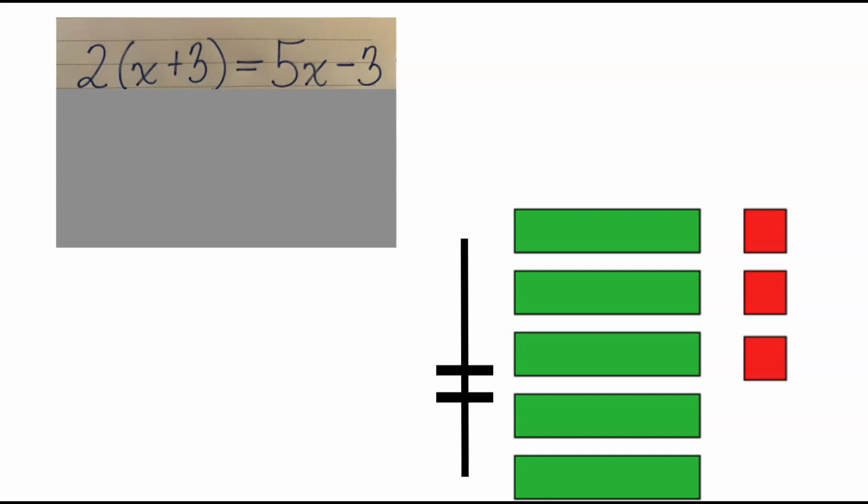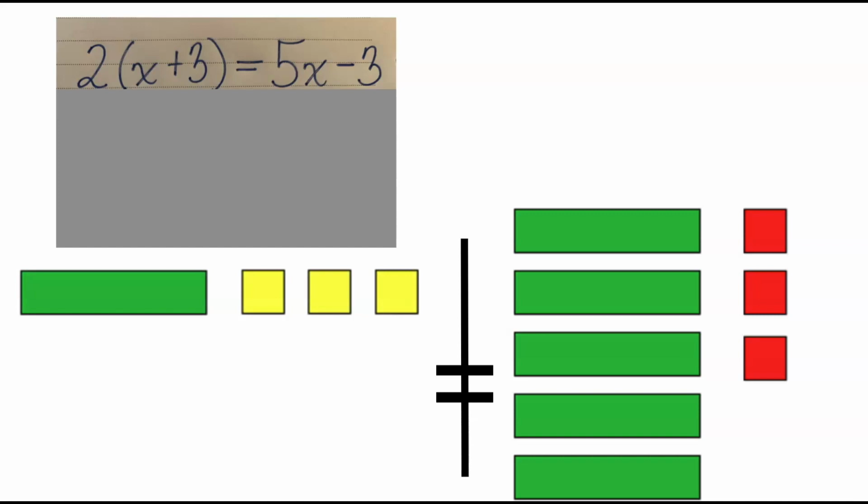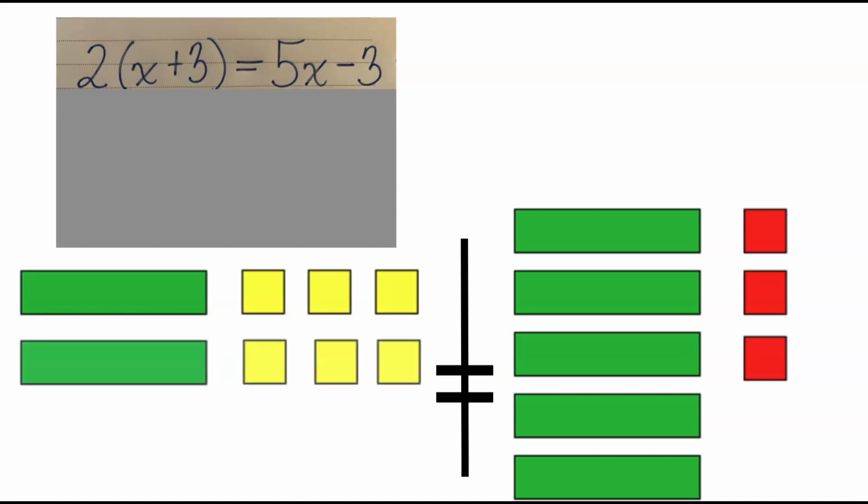So I'm going to start with building one group of x plus 3. And I'm going to add a second group of x plus 3 to the board. And when I simplify that, I now see that I have 2 1x's, which would be 2x, and 2 groups of 3, which would be my positive 6.